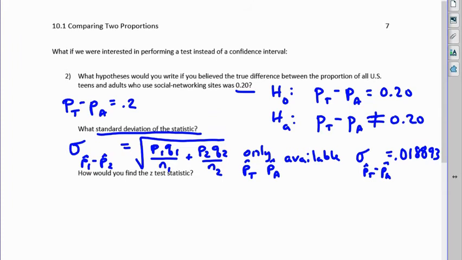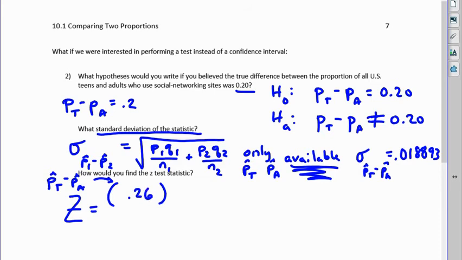That's the only thing that's available for us. So we're going to do that, and then we're going to find the Z statistic for this. Right here in this spot would be what our stats told us, so that's going to be our teens minus our adults. That's going to go in there, and we saw on the other page that was 0.26.